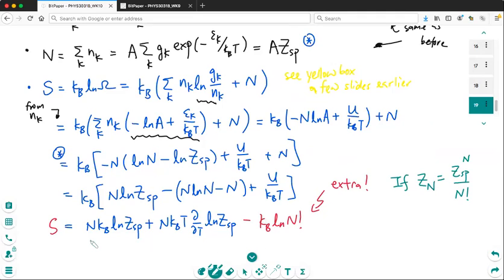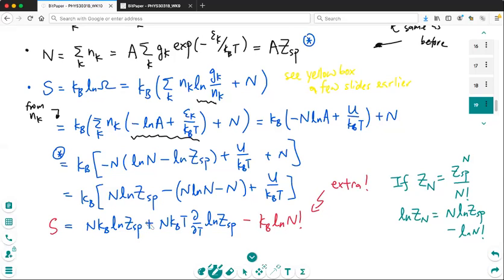Now you can do it by inspection, right? Because if I take this log, I will have n log of the single particle partition function minus log n factorial, and this log n factorial multiplied by kb is this thing here.